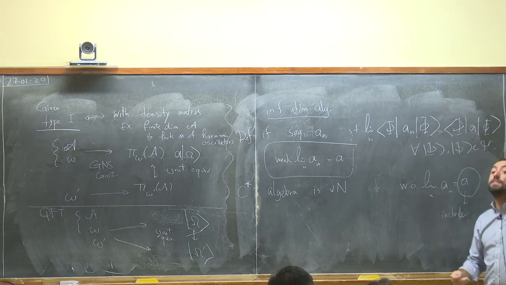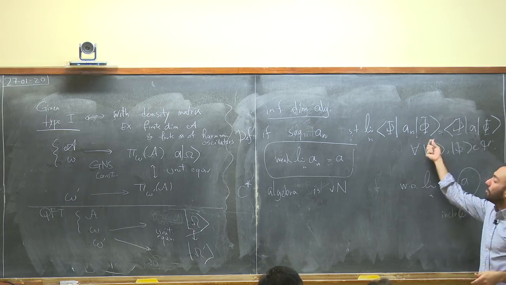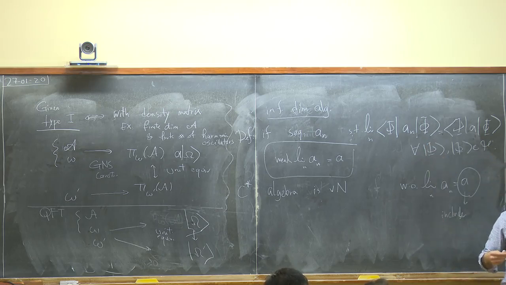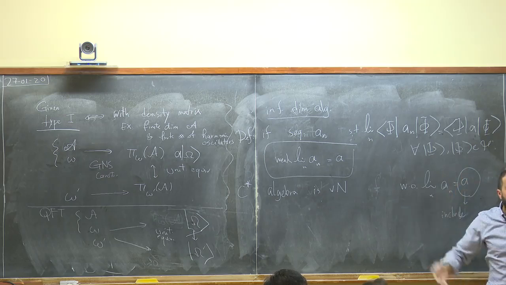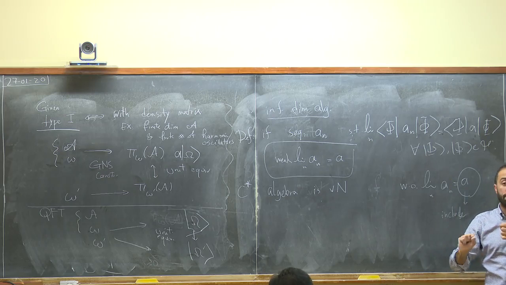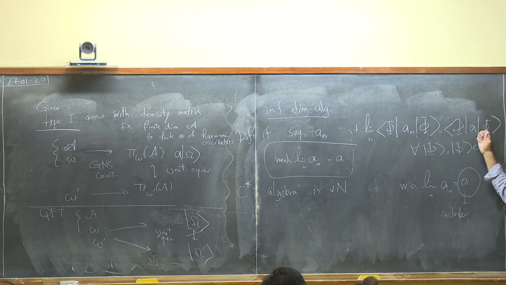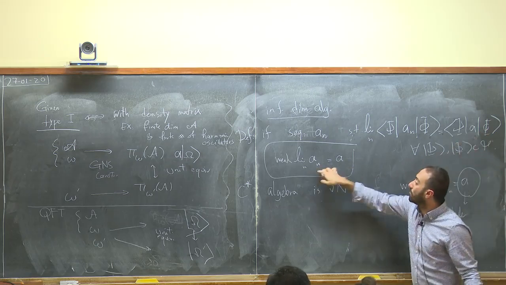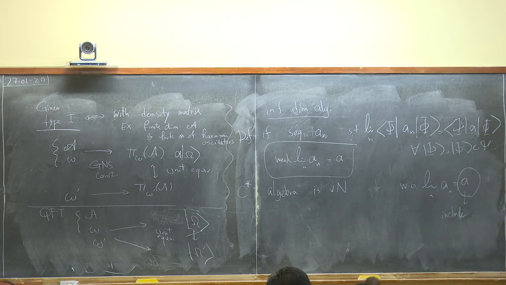However, because it's infinite dimensional, if these are close by 1 over square root n, there are n squared terms. So the operators might be widely different. However, matrix element by matrix element, they're the same. As physicists, we only care about matrix elements because those are the things that we measure. Therefore, we want to close the algebra in the weak operator topology.